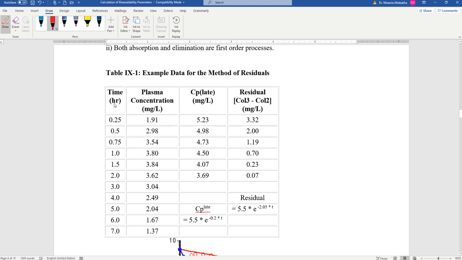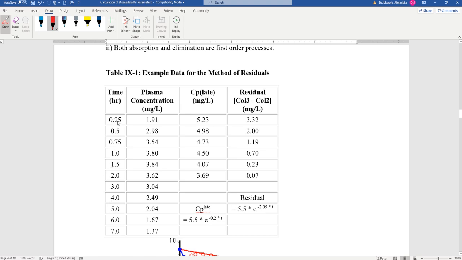Time of what? Time of drug sampling. When Judy went and took blood samples, she took them at quarter an hour, half an hour, three quarters an hour, at 1 hour, 1.5 hour, 2 hours, 3 hours, 4 hours. So she took blood samples at these times.